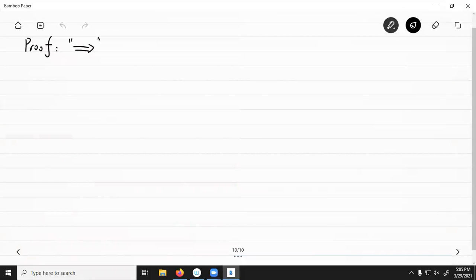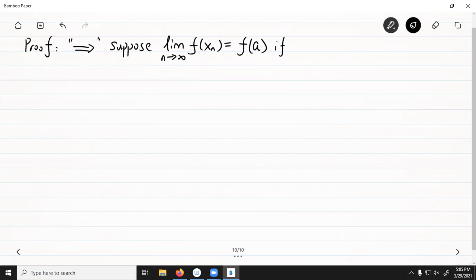So suppose f is continuous in terms of sequences. This means the limit as n approaches infinity of f of x_n is equal to f of a if x_n approaches a as n approaches infinity. This is the definition for continuity in terms of sequences.